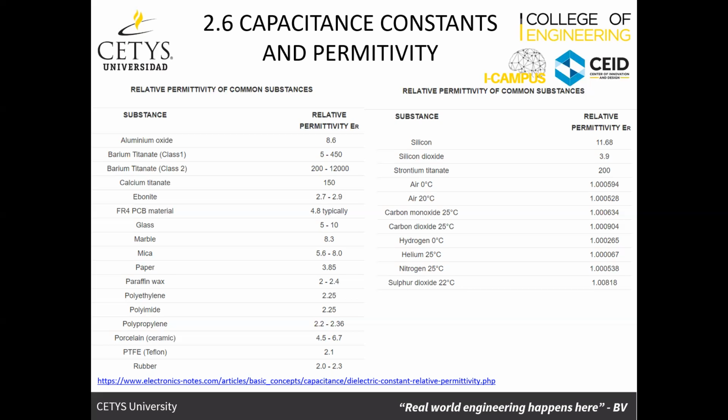Try to identify some materials that you can easily find. In a very simple capacitor, you could use paper or some sort of ceramic. For example, the wax paper used for cooking is a good dielectric. Then try to find the dielectric constant or permittivity of that material.